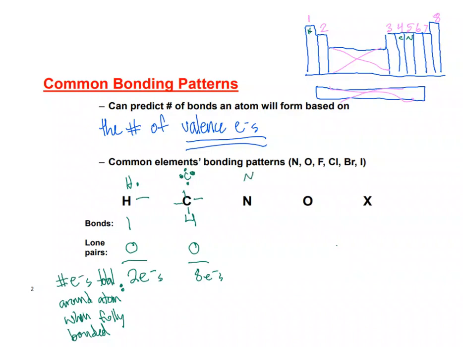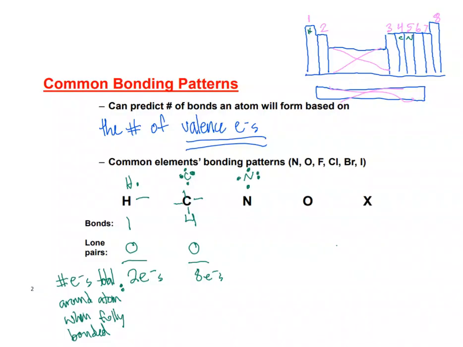Nitrogen, when we put the valence electrons on it to show the Lewis dot structure, we have to do that thing where first we have to put an electron in each of the 4 positions, and only once we've done that can we start pairing up. Okay?